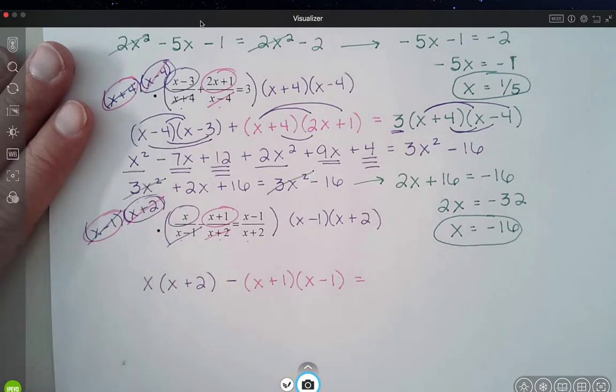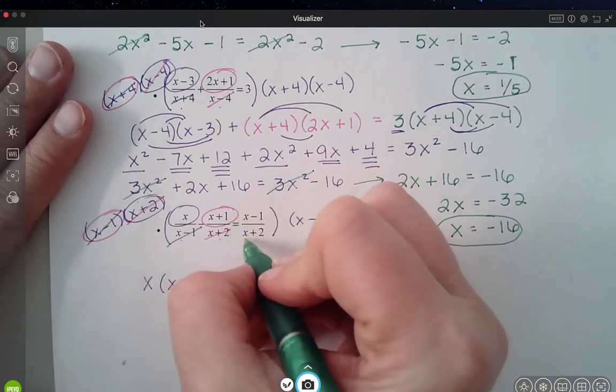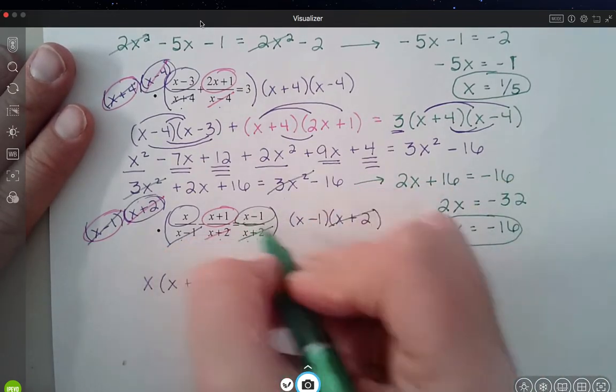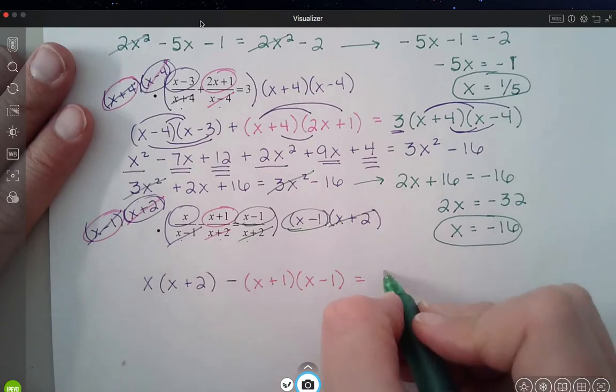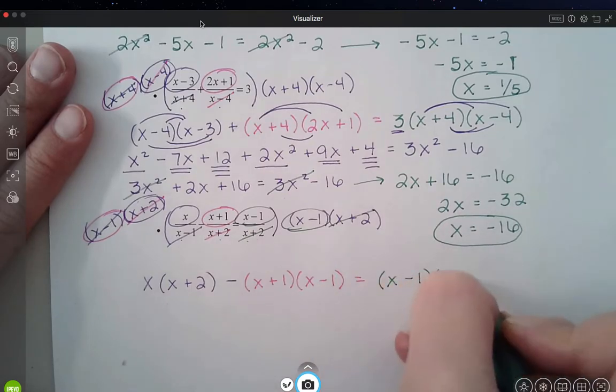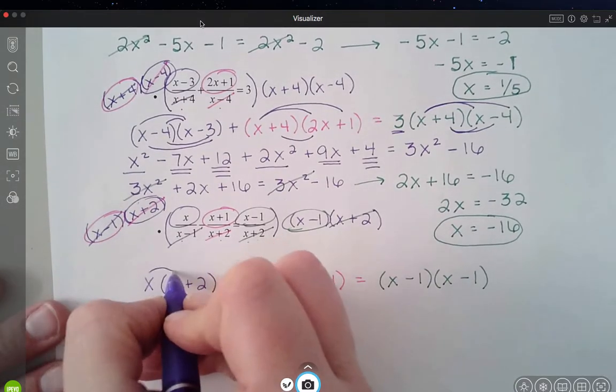Equals, the only difference with this one is because I now have a fraction over here, I can do the same kind of thing. I can cancel out the x plus 2's and say I'm left with x minus 1, x minus 1. Okay, now let's see how the rest of this problem shakes out as far as things dropping out of here. That's going to be different every time.